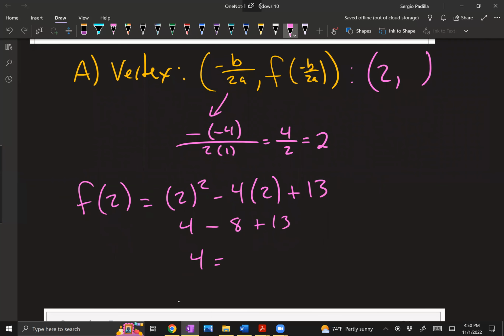That's -8 and 13, which is positive 5. 4 plus 5 gives you 9. So we get the vertex is (2, 9).